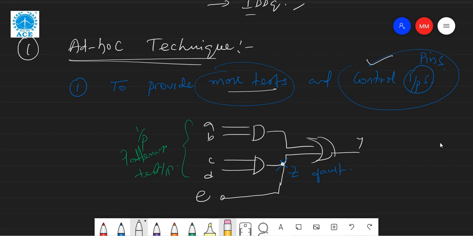The tests will increase to A, B, C, D, E. Got my point? For these types of specific designs, we can use the ad hoc technique. So this is nothing but a control pin, added extra to overcome this fault at the output level.